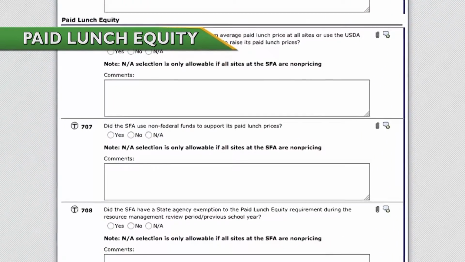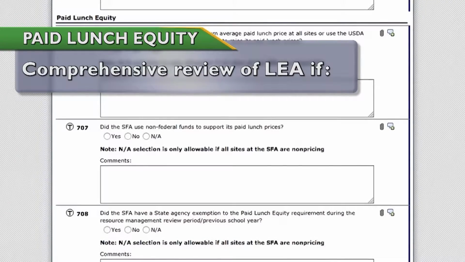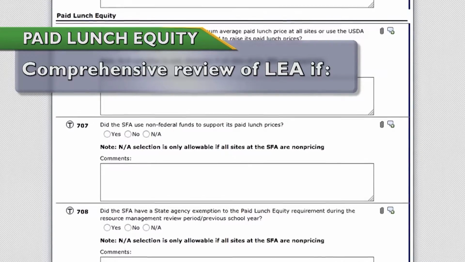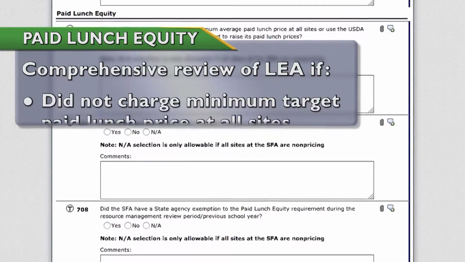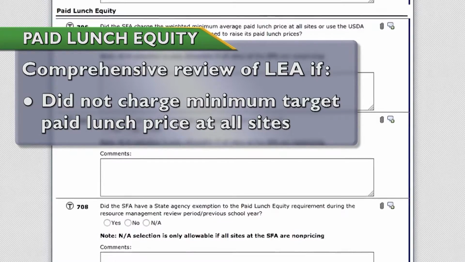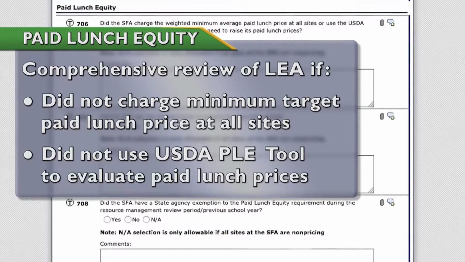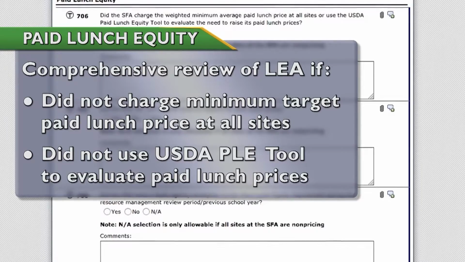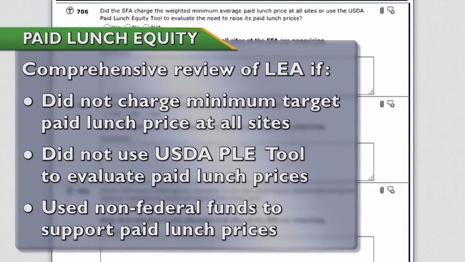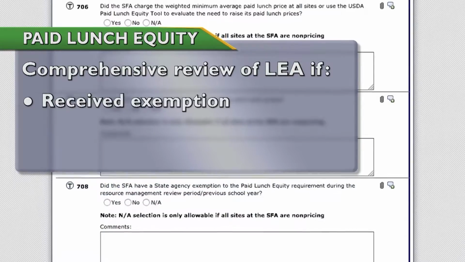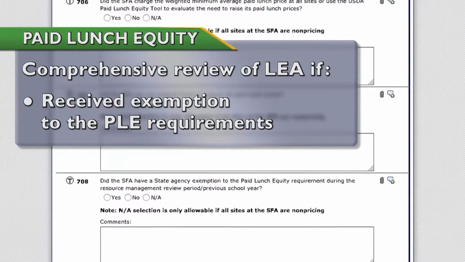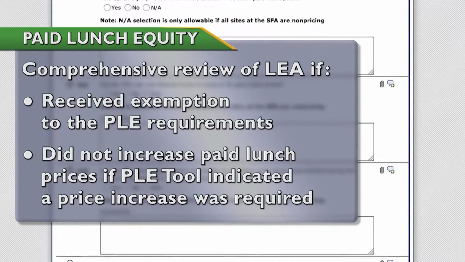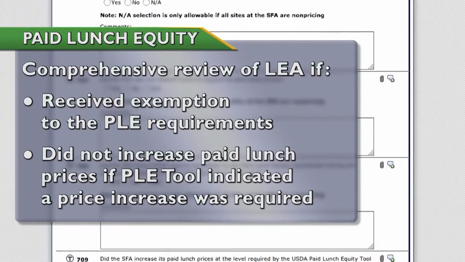The state agency will conduct a comprehensive review of the LEA for paid lunch equity practices if the LEA is found to have done any of the following: did not charge the minimum target paid lunch price at all sites or did not use the USDA Paid Lunch Equity Tool to evaluate its paid lunch prices; used non-federal funds to support paid lunch prices, or the LEA received an exemption to the paid lunch equity requirement; did not increase paid lunch prices if the paid lunch equity tool indicated such a price increase was required.